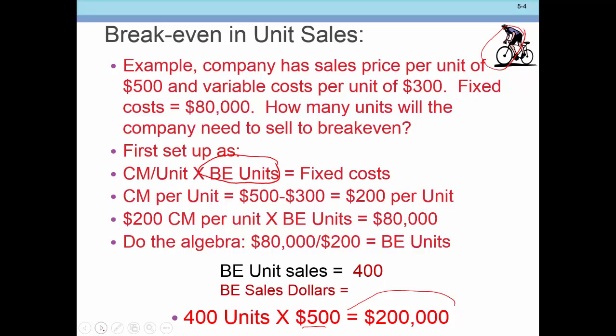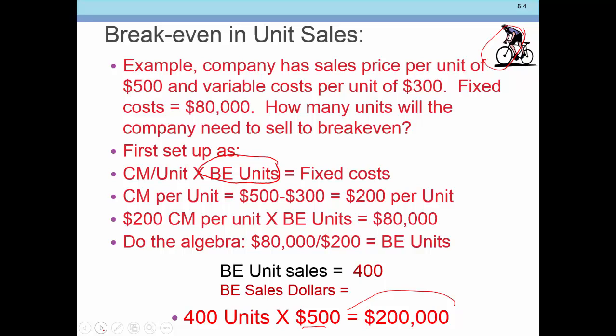Okay, and so if our fixed costs are $80,000, and we say in this example, how many units will the company need to sell to break even? We first set it up, which is what? My contribution margin per unit times my break even units. I circled that because that's what we're always looking for, or often looking for in these problems. Set that equal to my fixed cost.